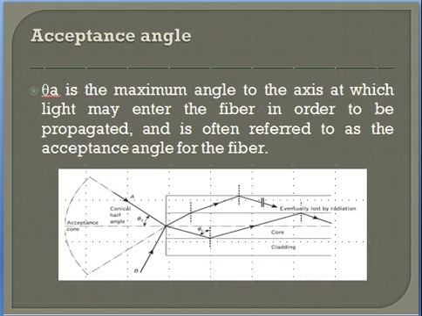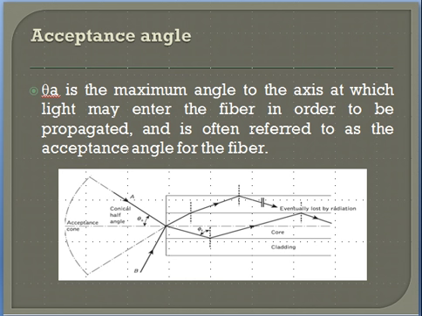So, having considered the propagation of light in an optical fiber through internal reflection at the core cladding interface, it is useful to enlarge upon a geometric optics approach with reference to the light rays entering the fiber.